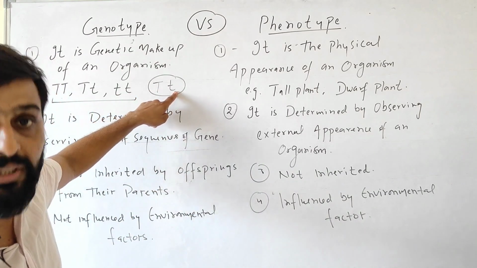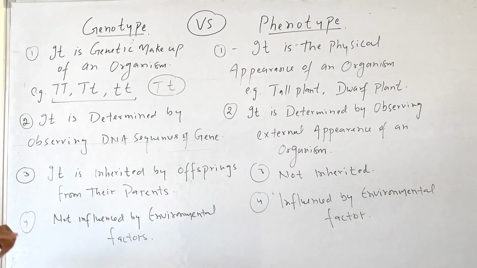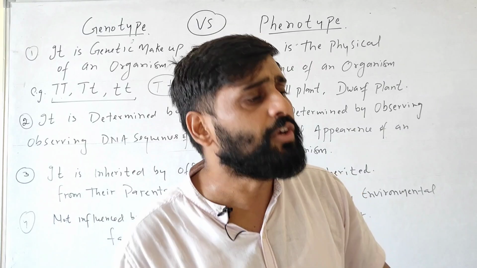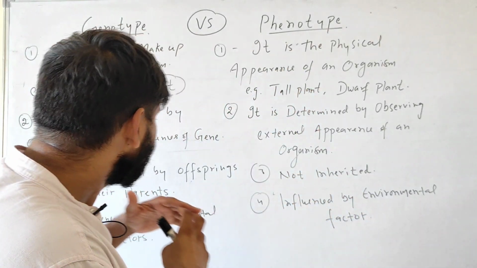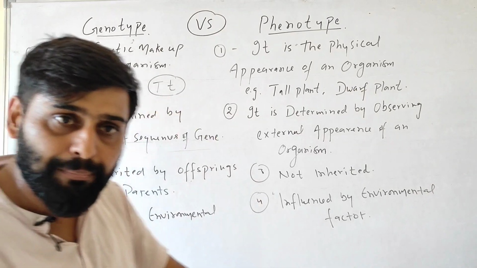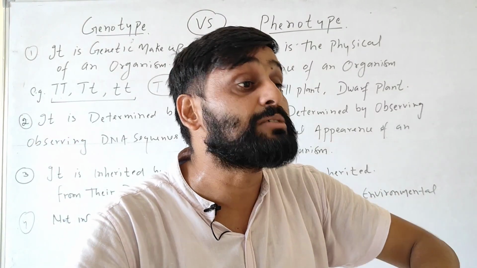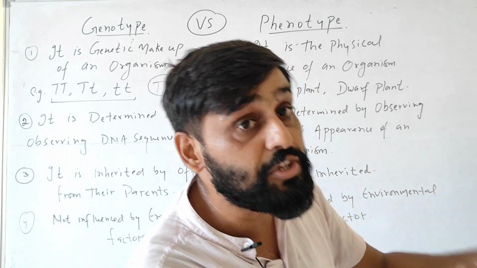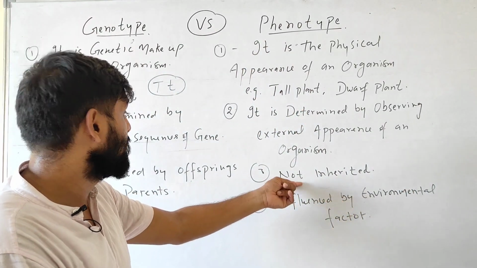It may be inherited from their mother or father. So all the genotype is inherited from their parents. But phenotype is not inherited. Phenotype is just the result of the expression of genotype. Genotype is genetic makeup. And when this genetic makeup expresses itself, then its expression is called phenotype. So it is not inherited.